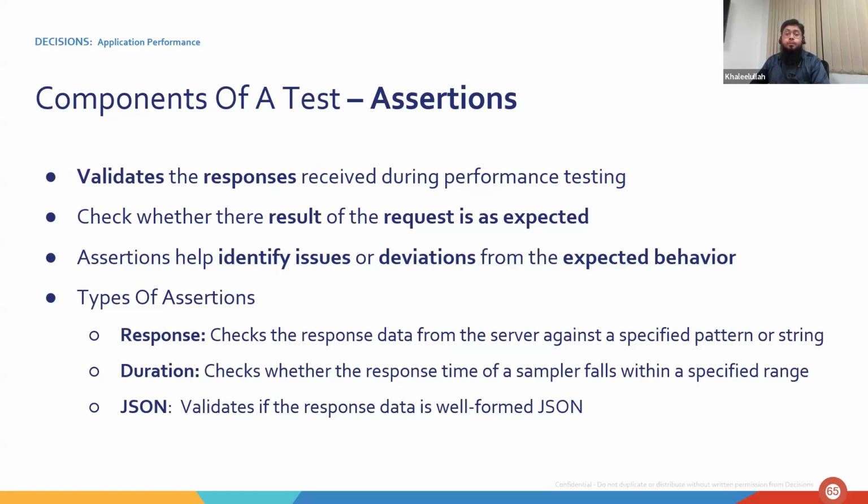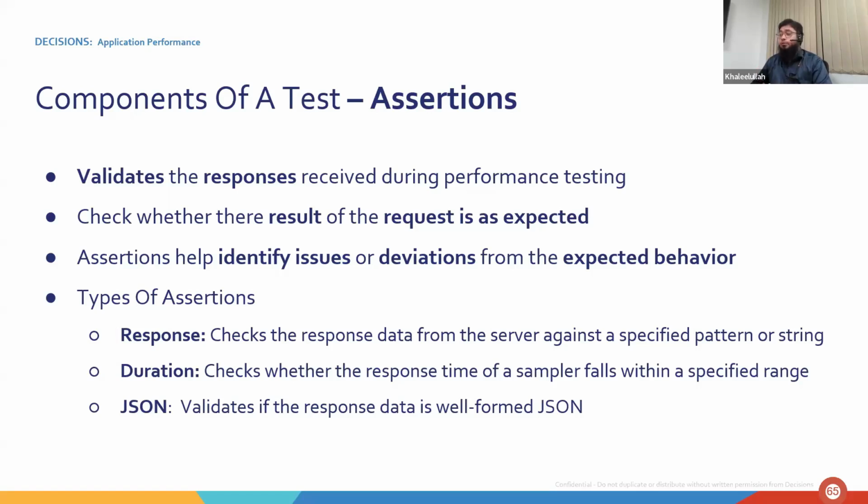For example, I can say that when the response code or the status code which is received is not equal to a value, then my test should fail. If it is equal to a given value, then it should pass.